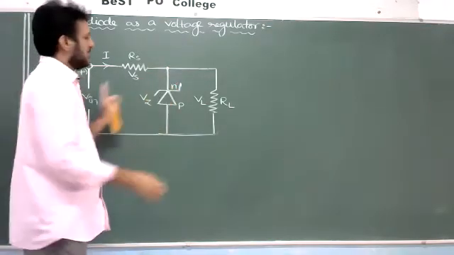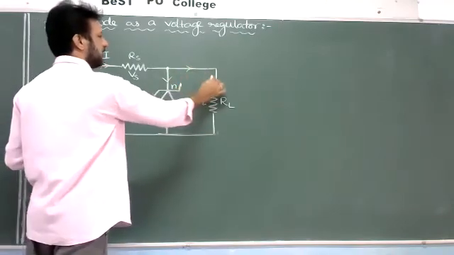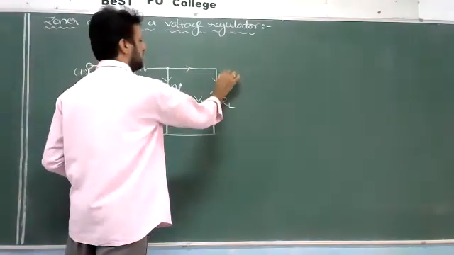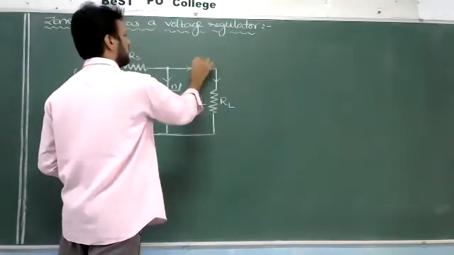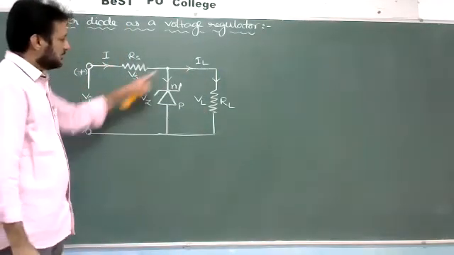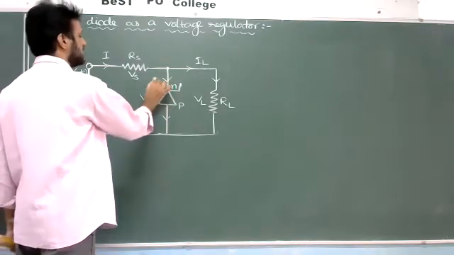Some of the current flows through the Zener diode, and the remaining current flows through the load. The current flowing through the load resistance I'll take as IL, and the current flowing through the Zener diode is IZ.